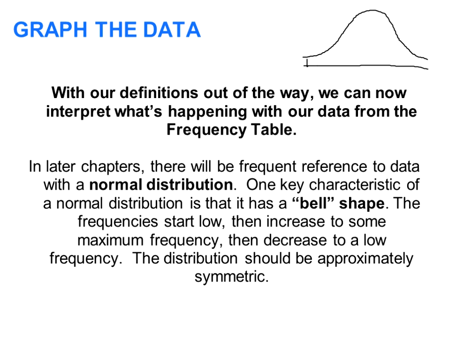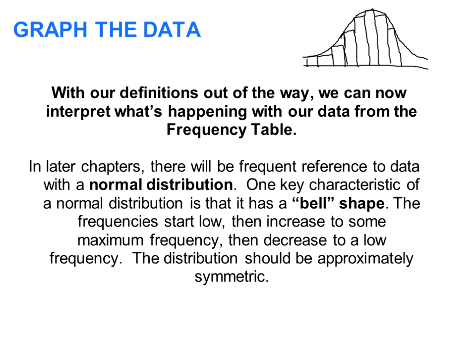That means the bars in your histogram, the frequencies, start low, and then they go up to a maximum height. Then they come back down.